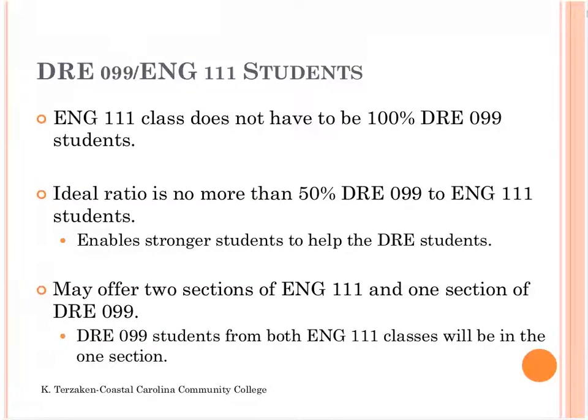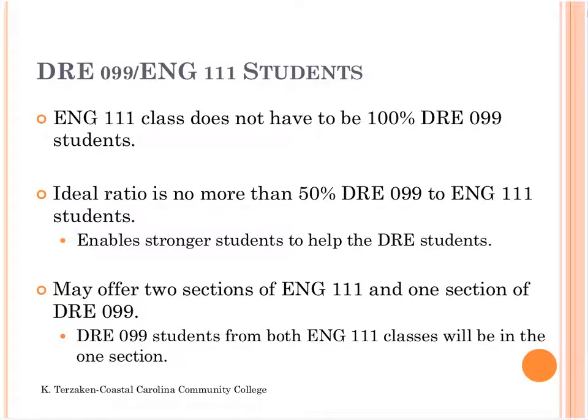You might have students in your 111 class who are just 111 students. They don't need DRE 99, and that's okay. They could still be in the same classroom, and really that's ideal because the stronger students will help the weaker students. So ideally, you're going to have about a 50-50 ratio of DRE 99 students to 111 students.